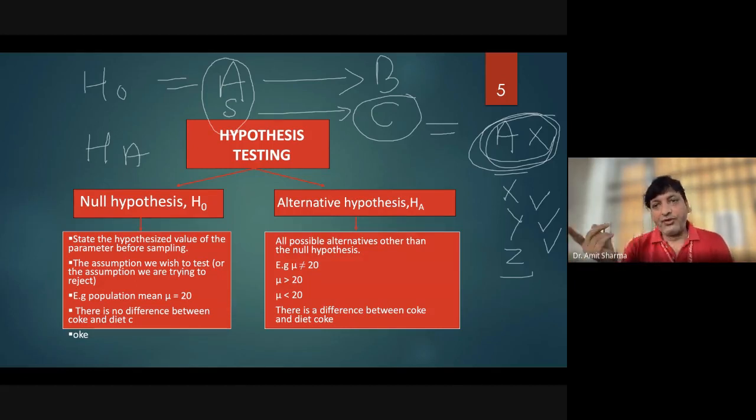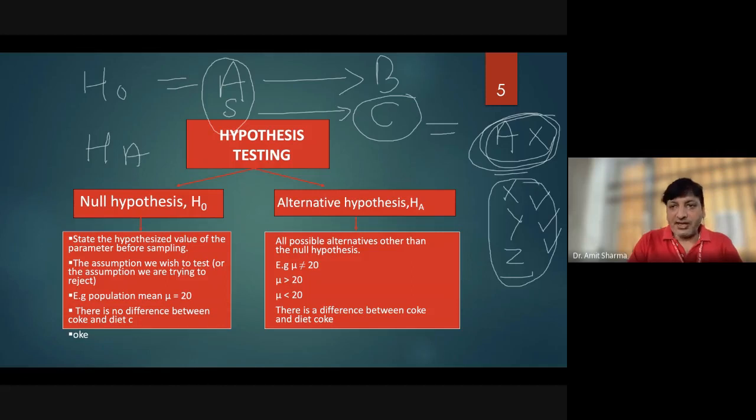So what you used to do, you were trying to prove this. Whenever you conduct research, you will find all these things. You will find that X is the reason, Y is the reason, and Z is the reason for the cancer. So you will reject this.